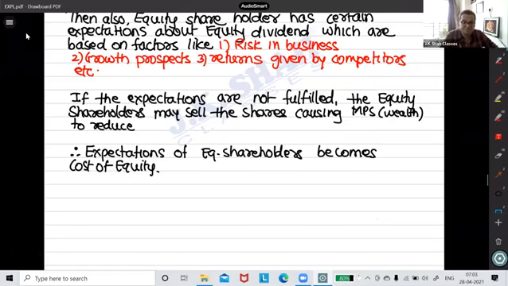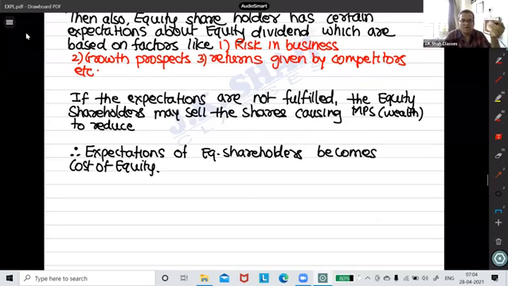See, earlier also I had taken this stand and explained to you that please remove that thing from your mind. Equity shareholders are not ready with everything, okay with everything, that you don't give them dividend and everything is okay.